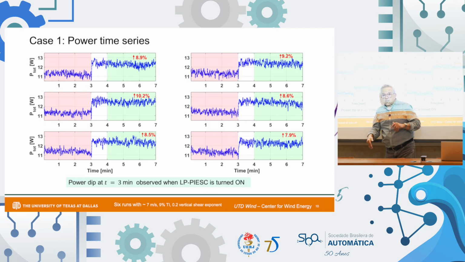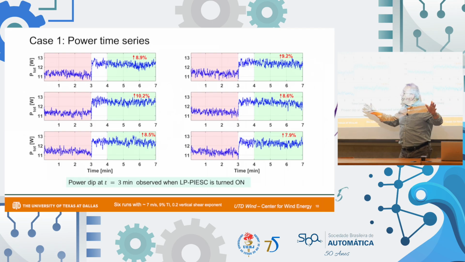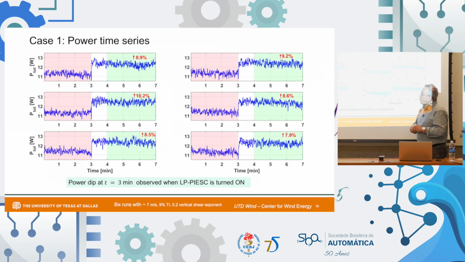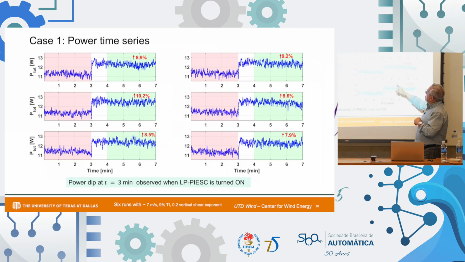That makes sense, because if you're in the first row and you move, you're going to lose power right away. And then it comes back for the total power. These are the 6 realizations that correspond to the experiment that I showed you before.